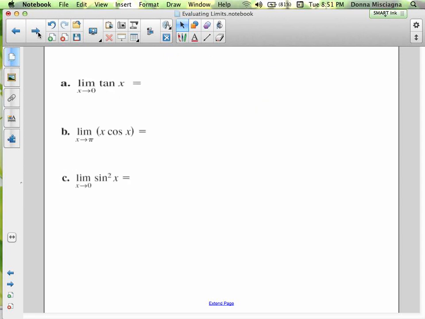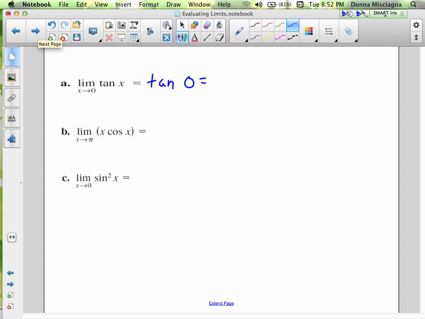Here we have the limit of tangent x as x approaches 0. Tangent is continuous at 0. So we have tangent of 0. If you forget what tangent is, tangent x is equal to sine x divided by cosine x.